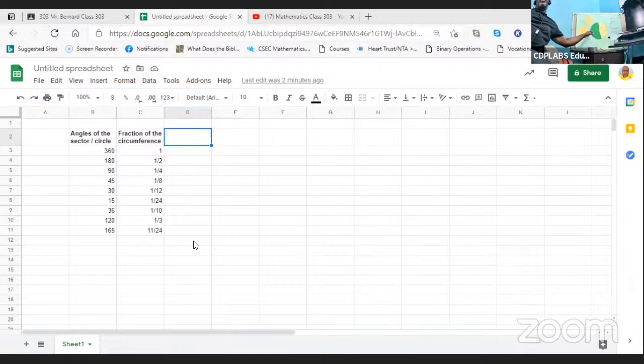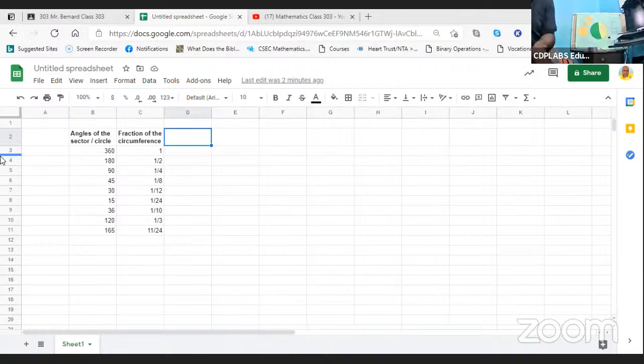So if you want to find the length of an arc, it is good to identify the fraction. What fraction of the circumference is that length of the arc? And that fraction we're going to use now to multiply against the circumference. And that would in fact give you the length of arc.